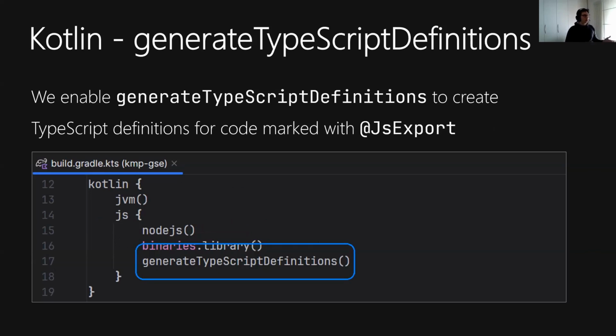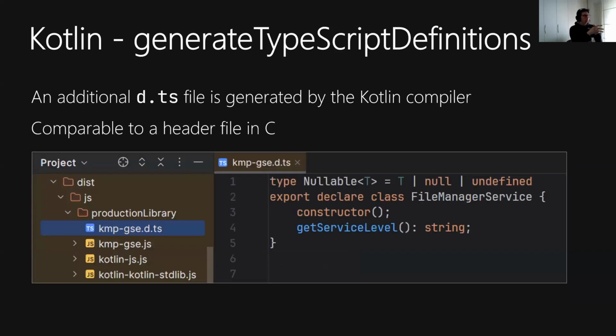And if we build our KMP-GSC library again, we can see that we have an additional file under the outputted production library, kmp-gsc.d.ts, which stores the signatures of the JS exported declarations. So no body, no implementation, just the signatures. And this mechanism is basically comparable to header files in C, where the only use is understanding how to use the API that we have exposed.